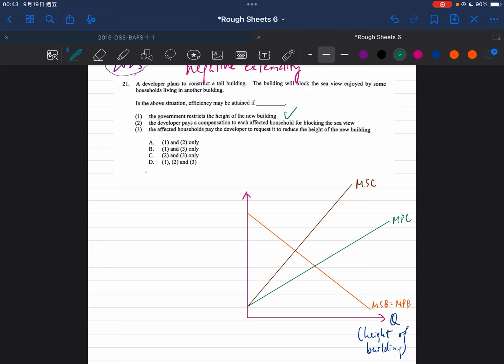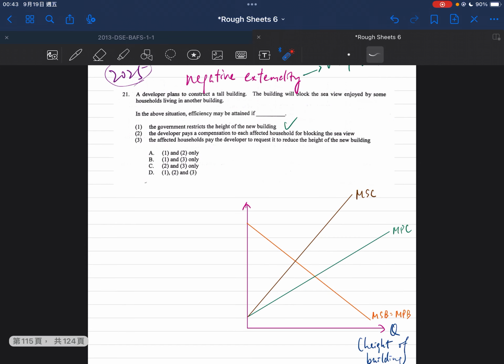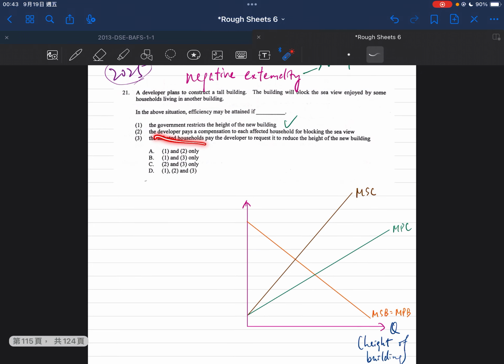The second one: the developer pays a compensation to each affected household for blocking the sea view. If the household has the right to enjoy the sea view, the developer may have to compensate them. When the developer does this, its private cost will increase, because the developer has to pay the households.